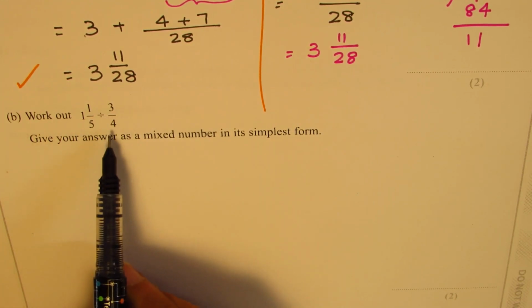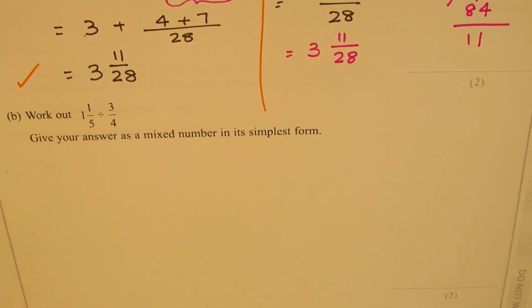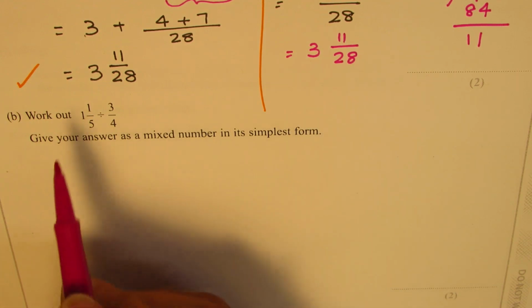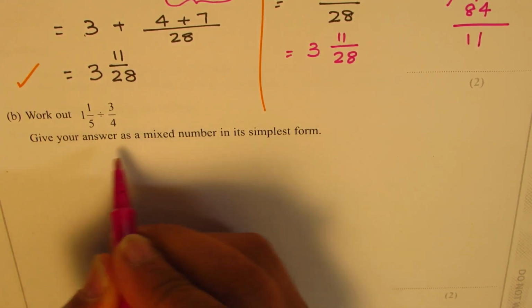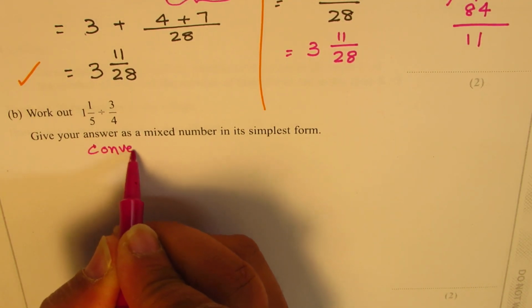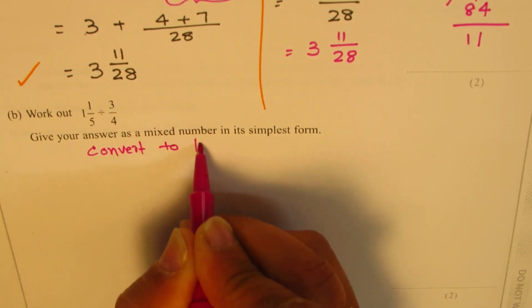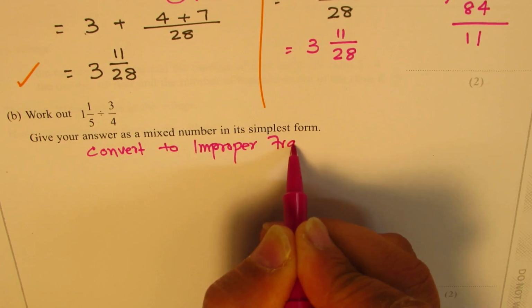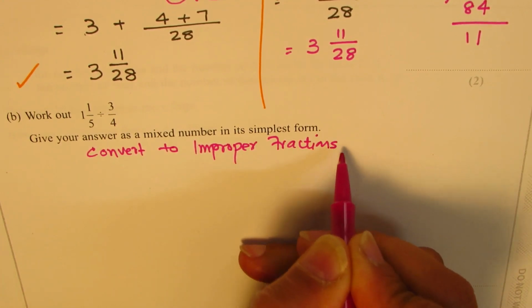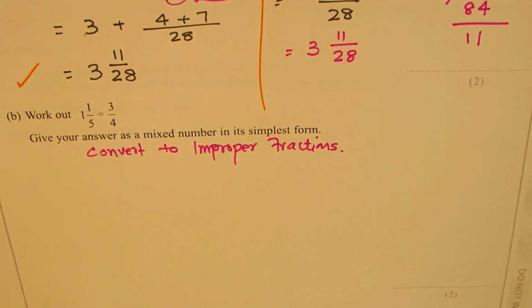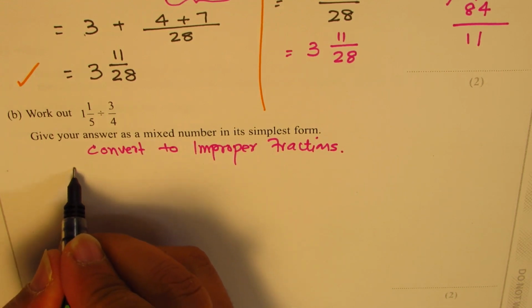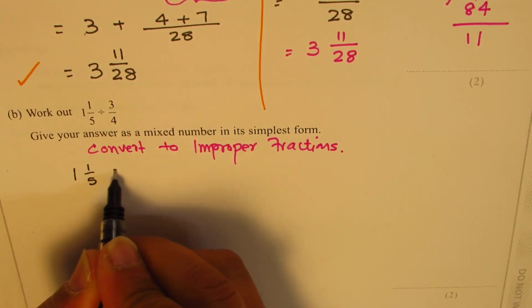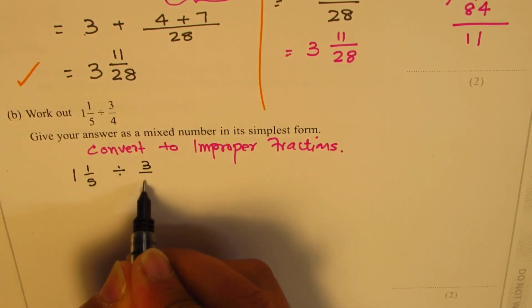Now let's look into the second question, which involves division, right? Whenever there is a division, it is always important to convert them to improper fractions. So the first step should be to convert to improper fractions. Follow the steps which we did as an alternate method, right? So we have 1 1/5 divided by 3/4, correct?